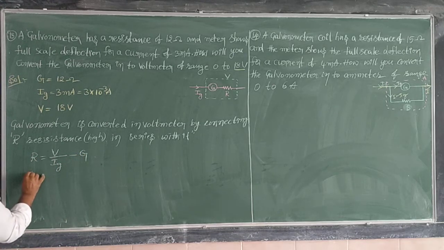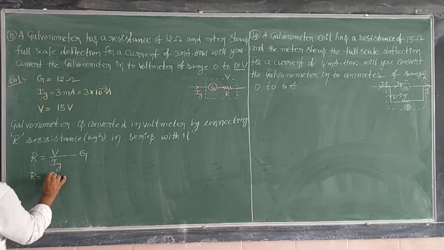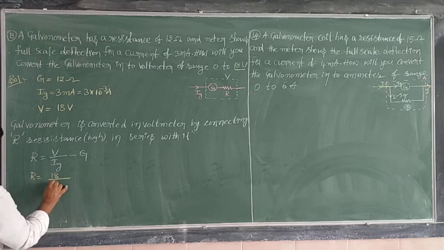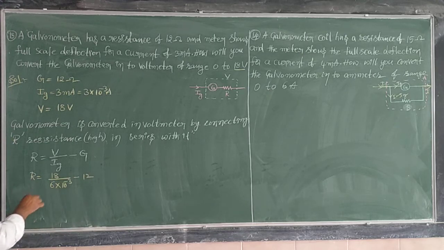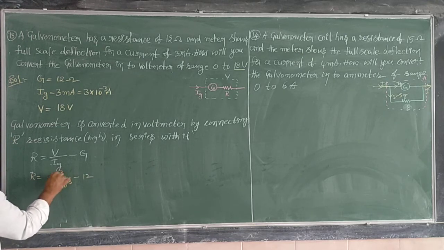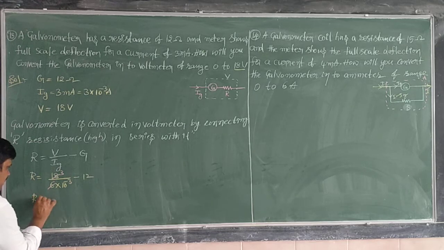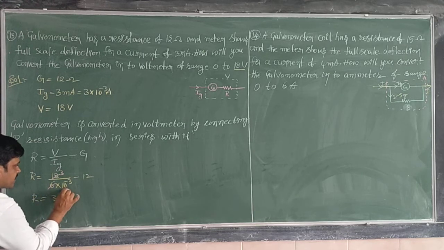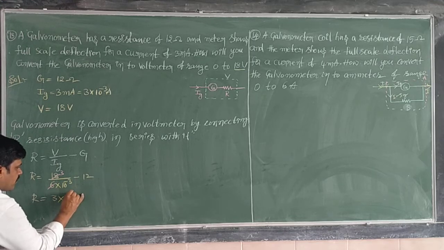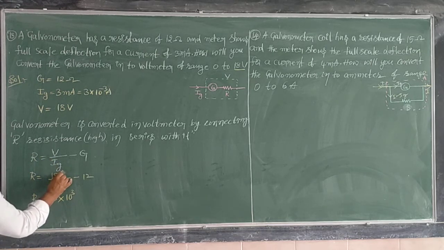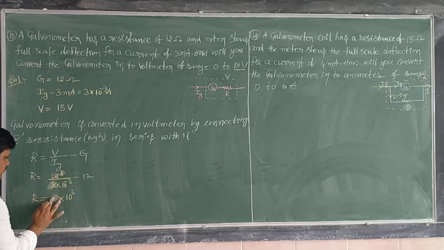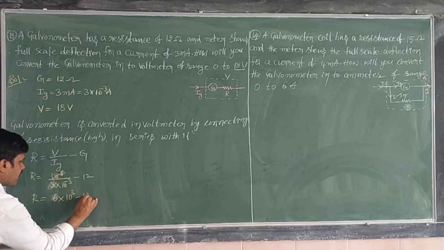Next one. R is equal to V is 18, divided by Ig, which is 3 into 10 power minus 3, minus G, which is 12. The 10 power minus 3 comes to the numerator, so 18 by 3 is 6, giving 6 into 10 power 3 minus 12.